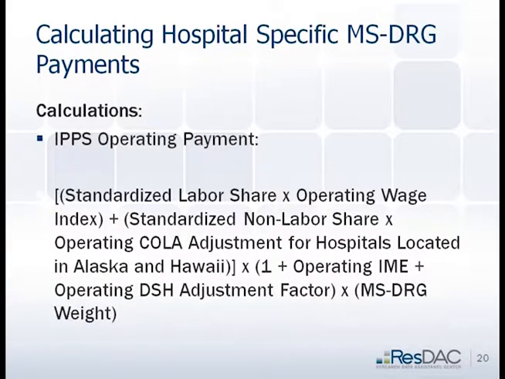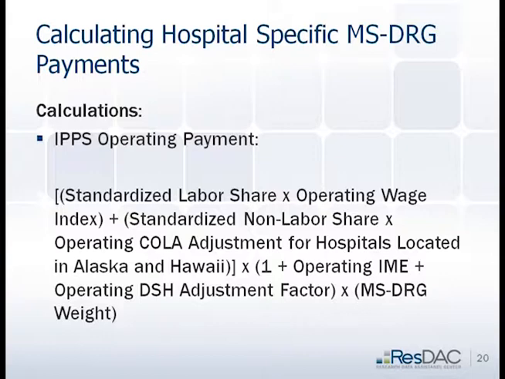So if we actually look at the calculation for the IPPS operating payment, again, it's just that standardized labor share, whether it's a full or a reduced amount, times the operating wage index for that hospital, plus the standardized non-labor share times cost of living adjustment if that hospital happens to be located in Alaska or Hawaii.